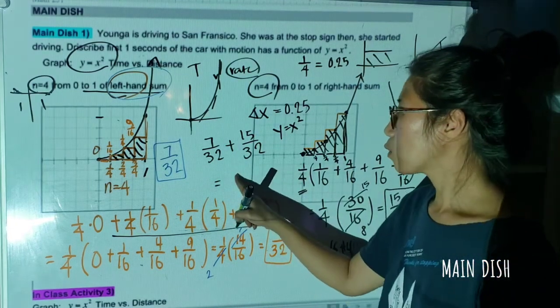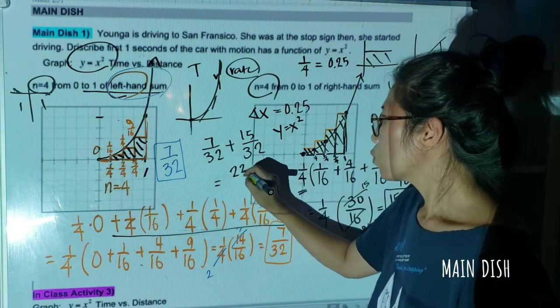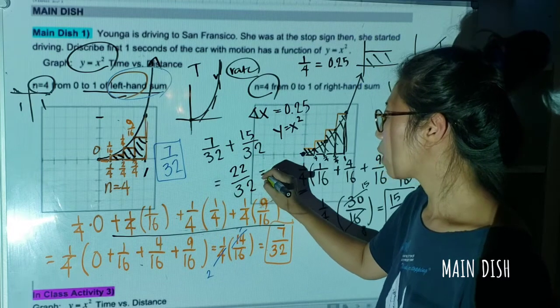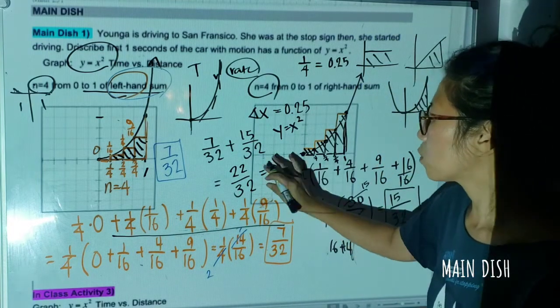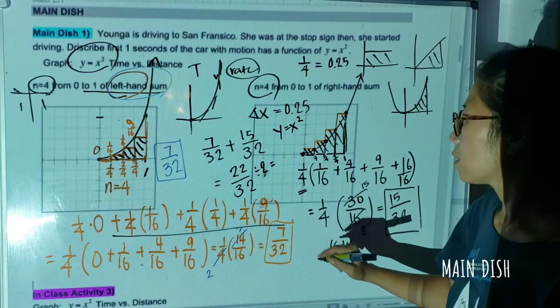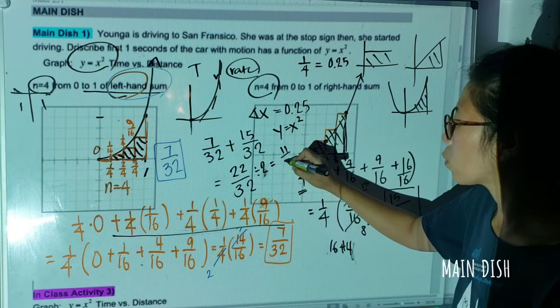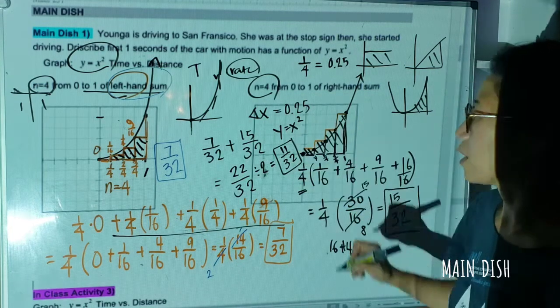So if I want to find the average, that will become 22 over 32, and then divide by 2. Divide by 2 means multiply by 1 over 2. So I get 11 over 32 as the area.